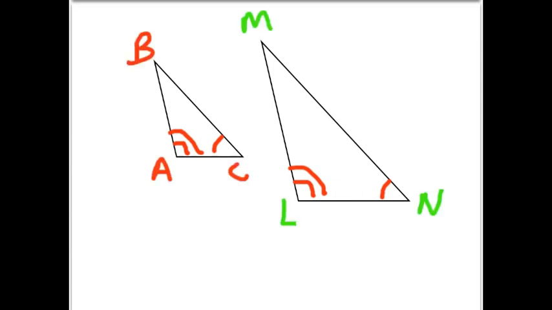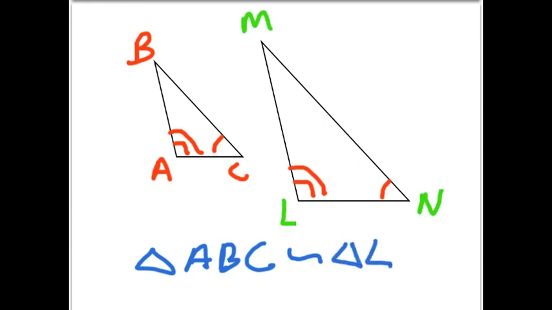If the 2 triangles are called ABC and LMN, the statement we would use is that triangle ABC is similar to triangle LMN. So that demonstrates AA similarity.